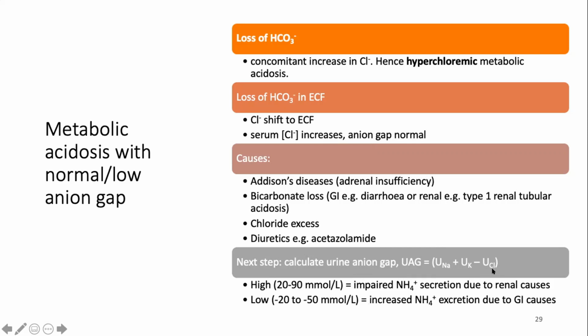Okay, a normal function kidney, you will have a negative anion gap. Therefore, you know that the cause is actually the other system, which is the GI causes. But if the urine anion gap is positive, more than 20, it is usually caused by the renal itself, because this kidney is not able to secrete ammonia.